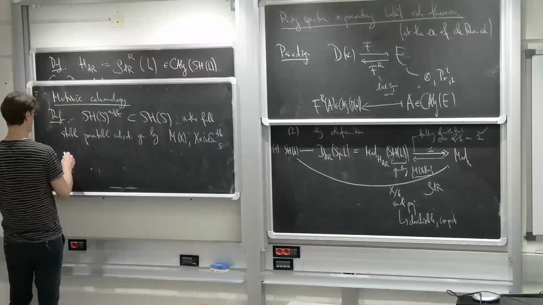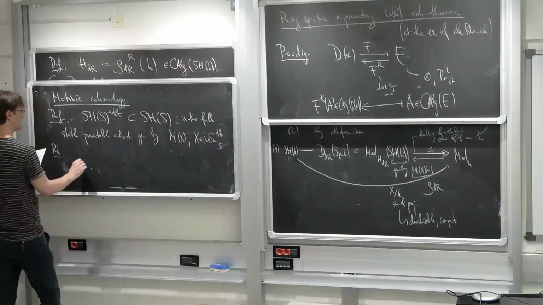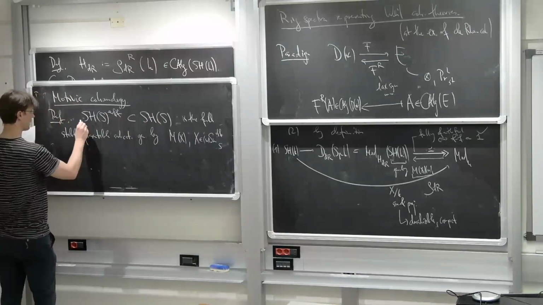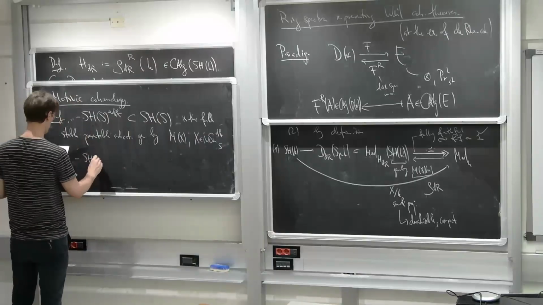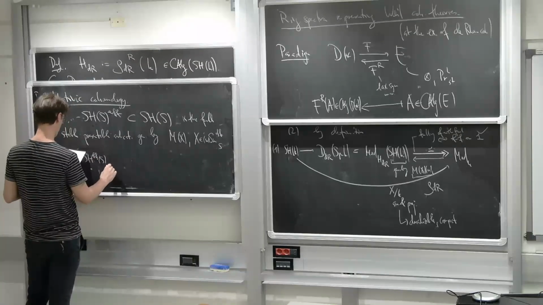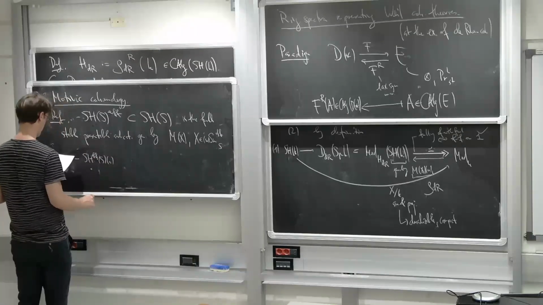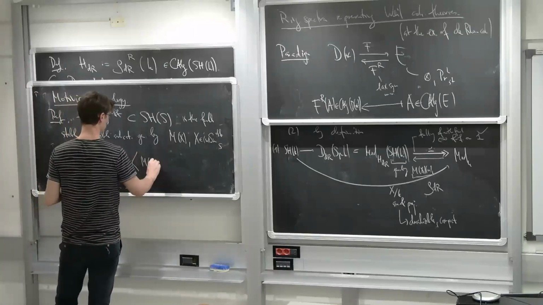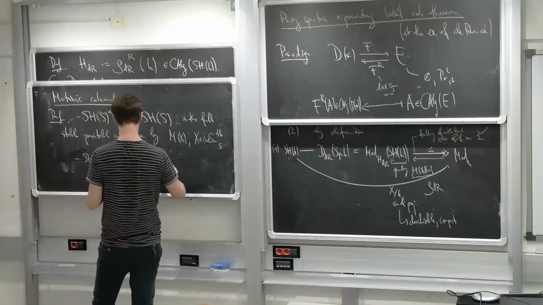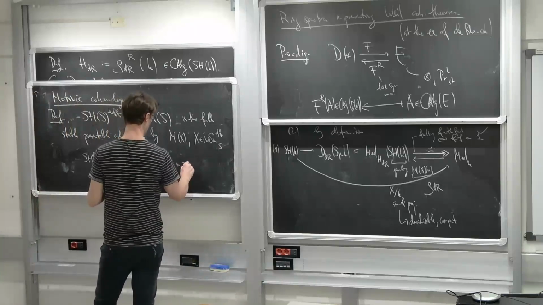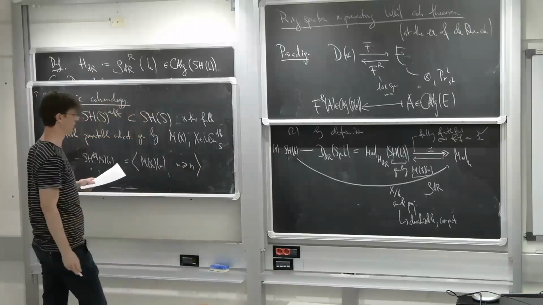Okay, a quick remark about this SH effective. Then SH effective of n is similarly generated by motives of X twisted by n, where n is greater than or equal to 1.